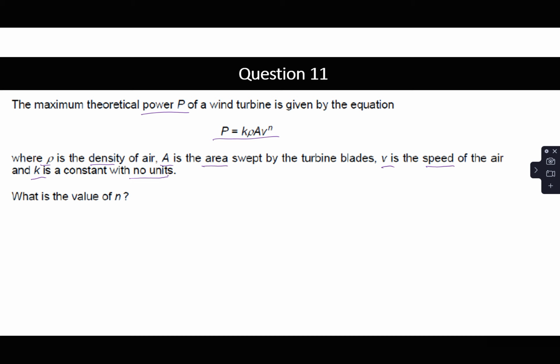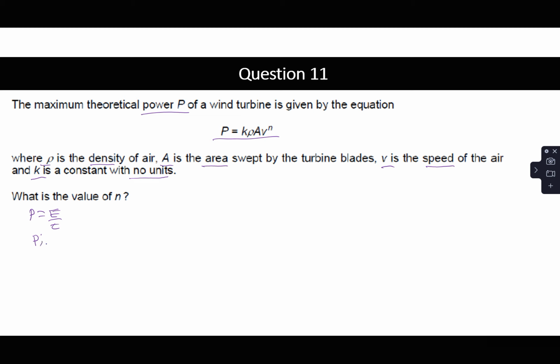Because n is a power, we are going to equate the base units, that is, we are going to use homogeneity. We have already seen that power is the rate of transfer of energy, that is energy per unit time. We know the base units of energy as kilogram meters squared per second squared.